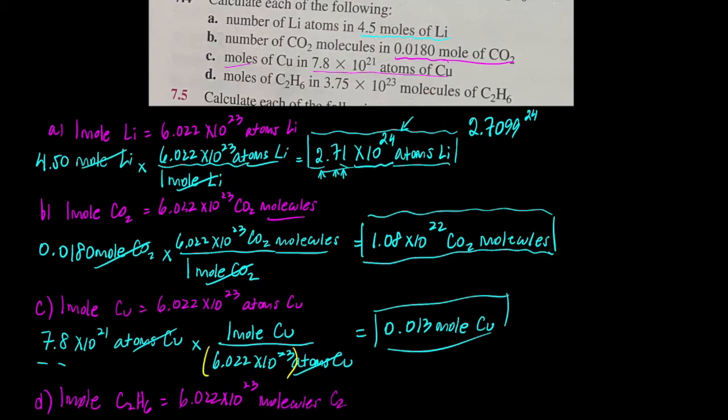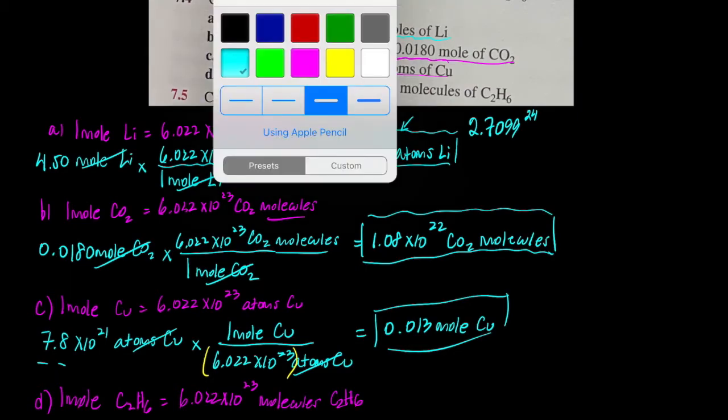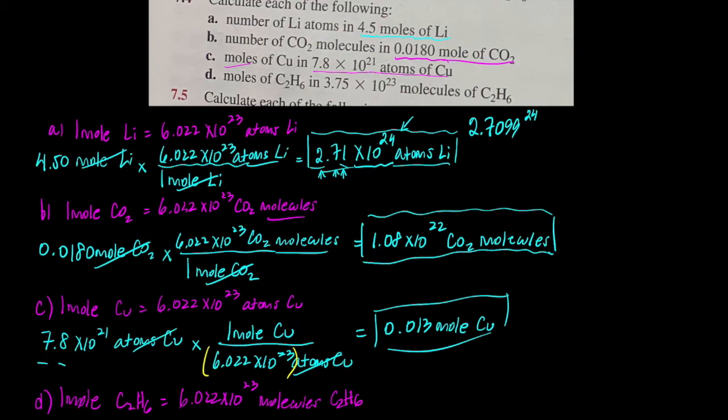And the chemical formula is C2H6, okay? So to do the dimensional analysis, we're starting off with this quantity of molecules. And there's no abbreviation for molecules, so you just kind of have to write it all out there.